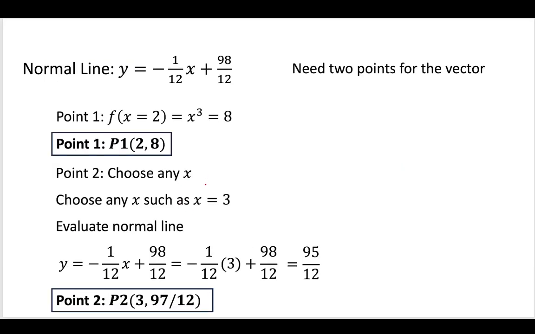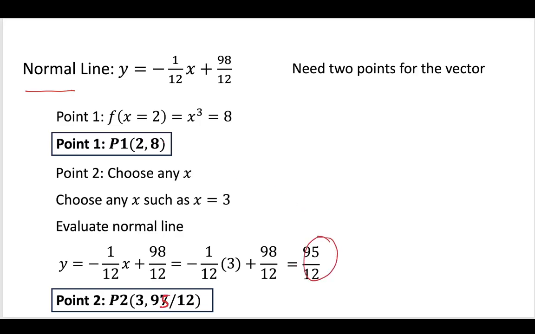You could choose any x along that line, but I chose x is equal to 3. Then I substitute x is equal to 3 into the normal line, which is what we found in the previous video. When I substitute that in, I get a y value, and this should say 95.